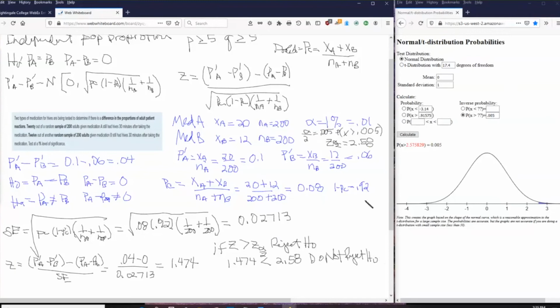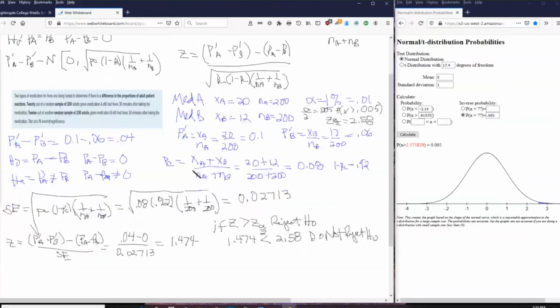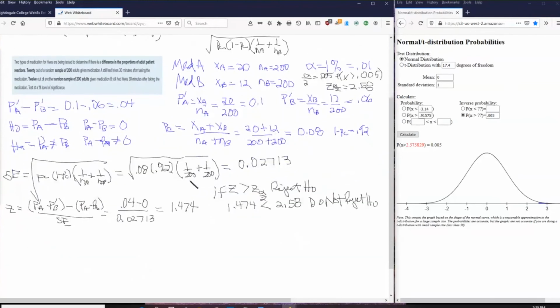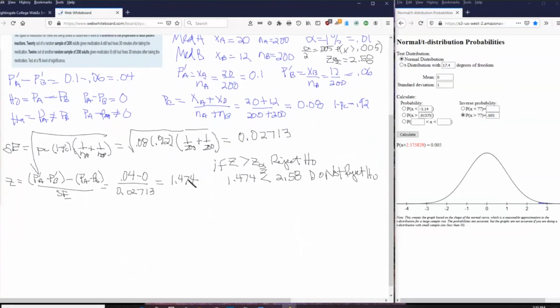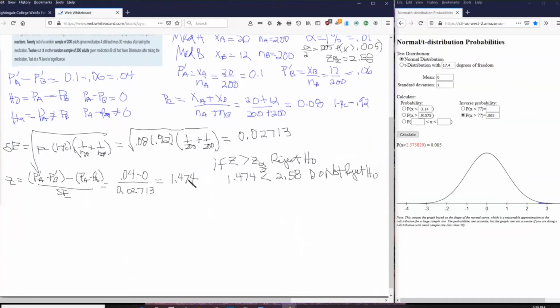And now I am going to figure out my p-value. Now for my z-value, we have a mean of 0.